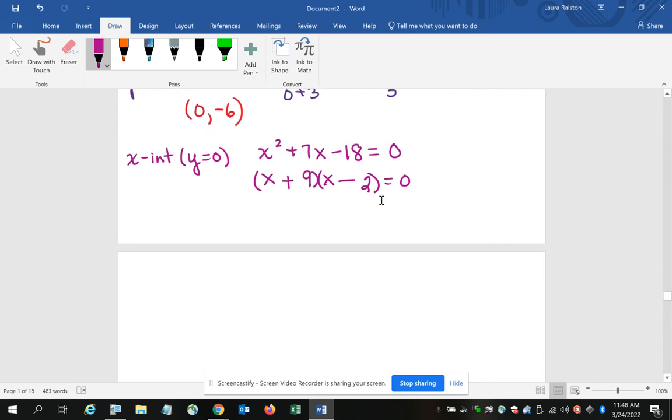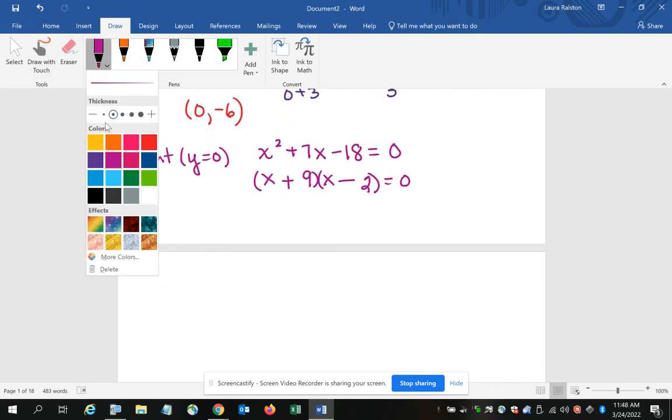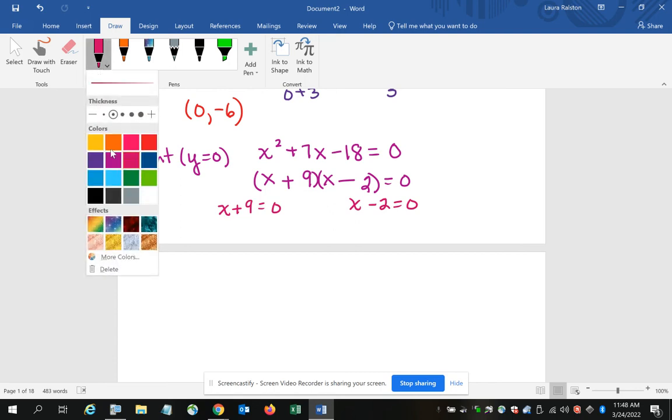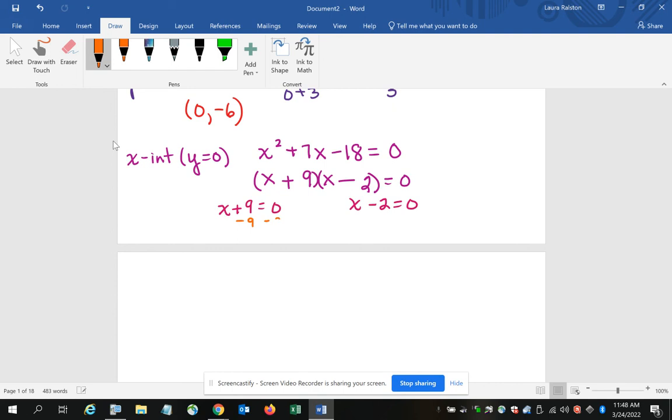And then I know that one of those equations, either x plus 9 is equal to 0 or x minus 2 is equal to 0. And we solve each of those respectively for x. So I'm going to subtract 9 and I get x equals negative 9. Then the other one I'm going to add 2, so I have x equals 2.